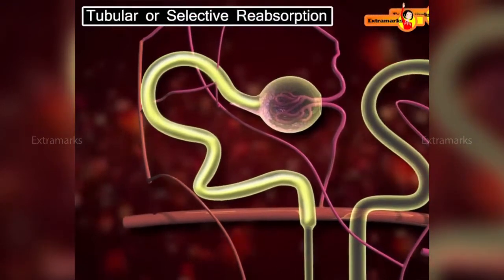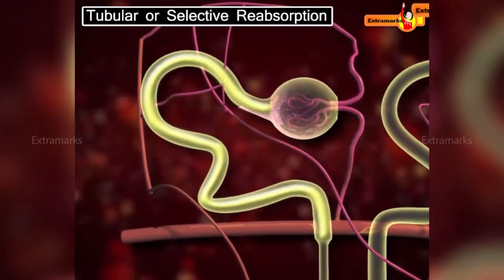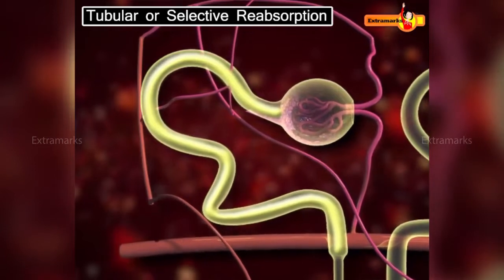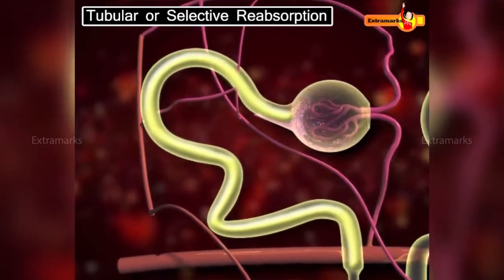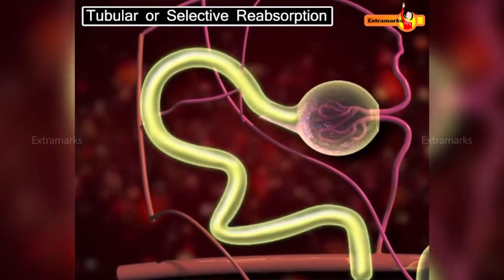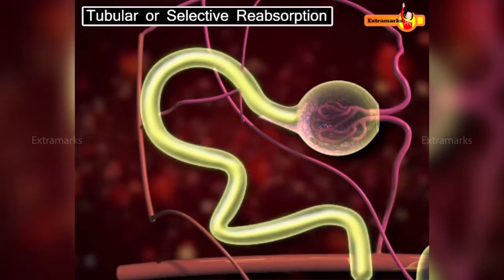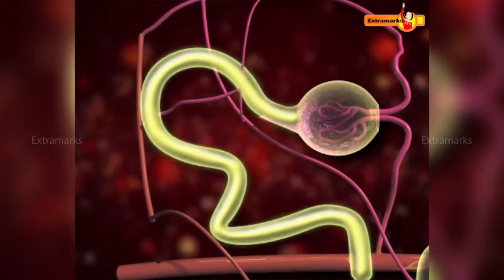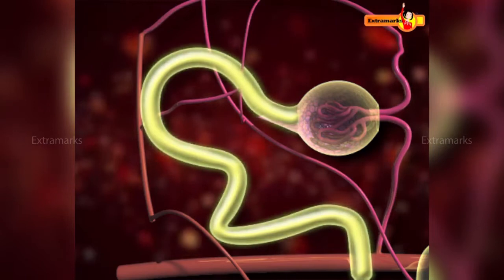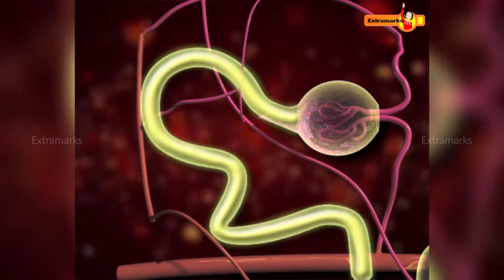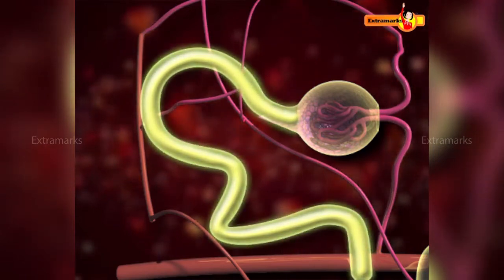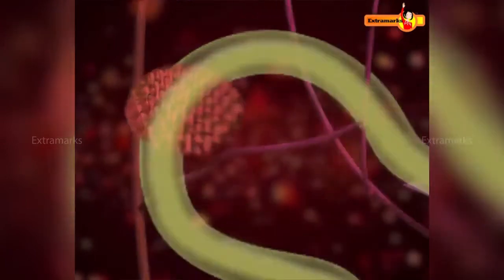Tubular or selective reabsorption starts when the glomerular filtrate leaves the Bowman's capsule and enters the proximal convoluted tubule. In the proximal convoluted tubule, about 65% of the glomerular filtrate is reabsorbed due to the presence of villi.